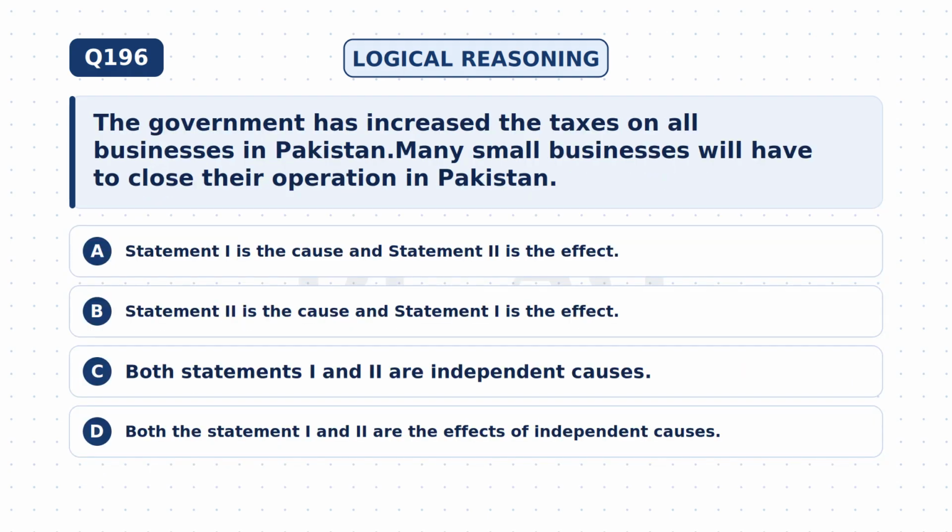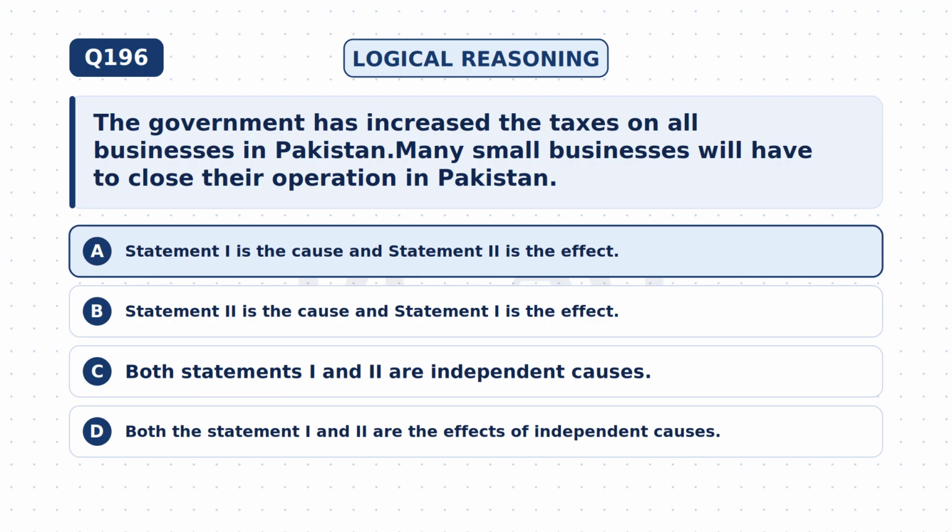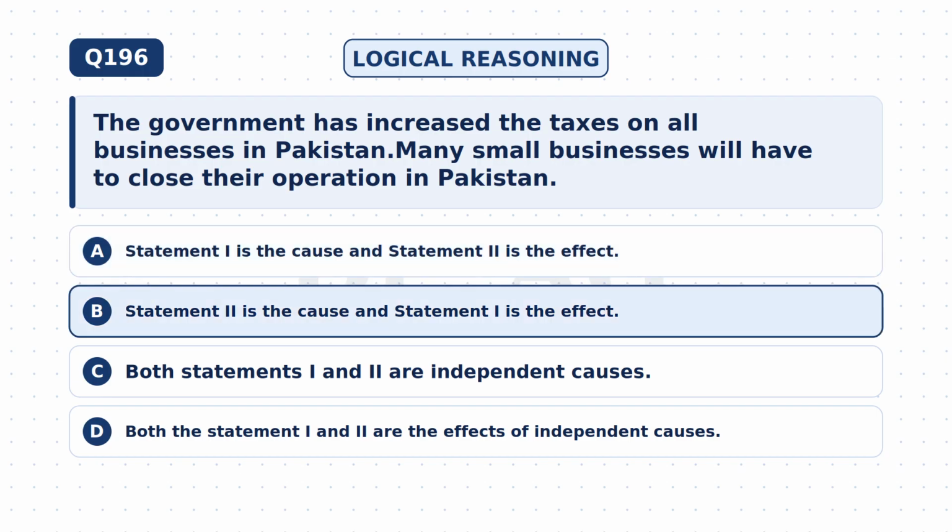Question 196. The government has increased the taxes on all businesses in Pakistan. Many small businesses will have to close their operation in Pakistan. Option A, Statement 1 is the cause and Statement 2 is the effect. Option B, Statement 2 is the cause and Statement 1 is the effect.